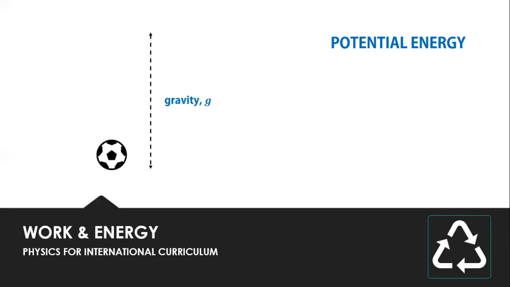Let the gravity be g, the height be h, and this object has mass, let's say m. So these three properties, m, h, and g, will form potential energy.